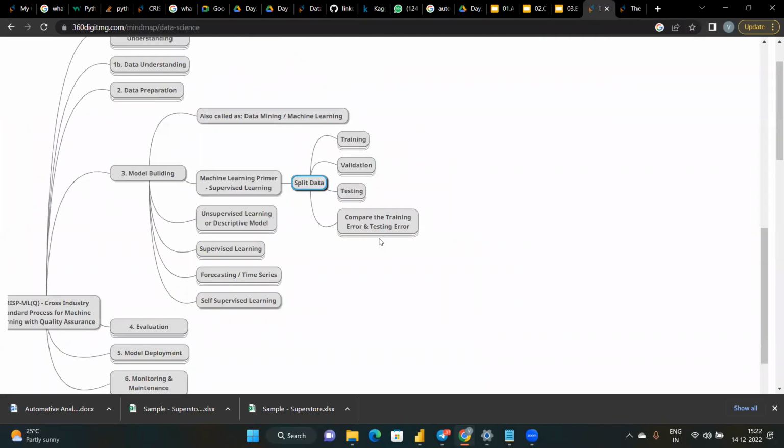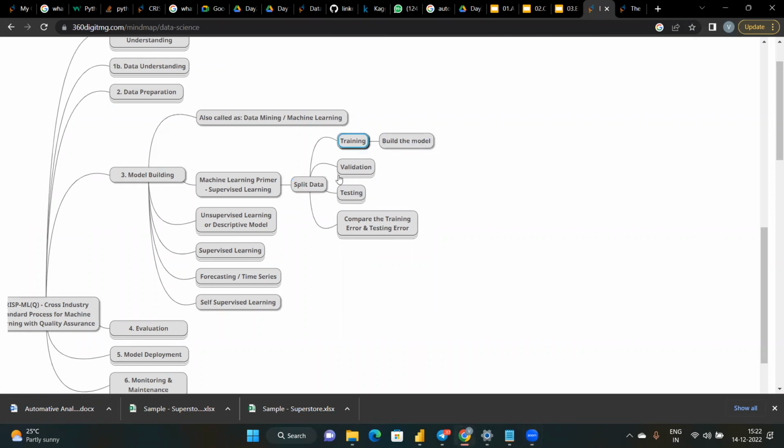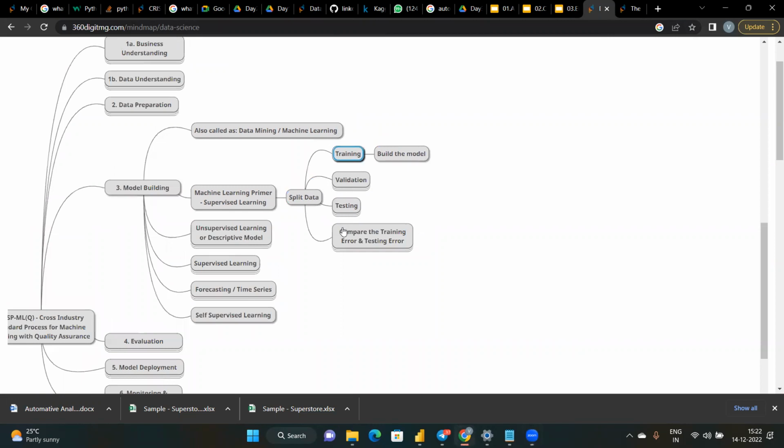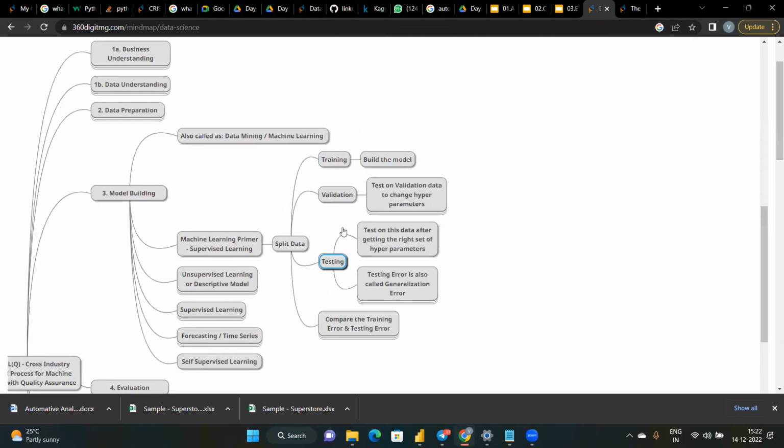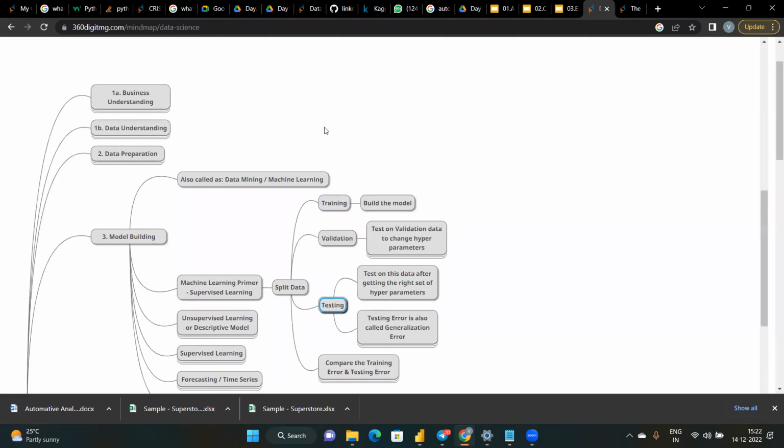So guys, as I said, the validation, the training, and the testing. How is it done? Whatever we are going to build, when you click on training, you can see build the model, test on validation, which is hyperparameters. So the first thing we are going to do in supervised learning is train our model.